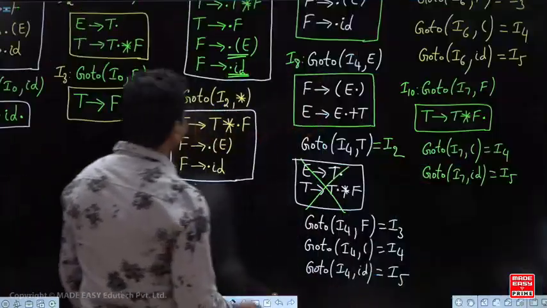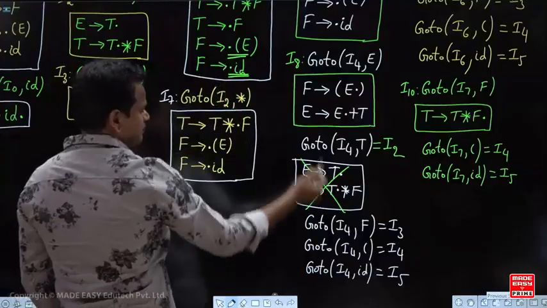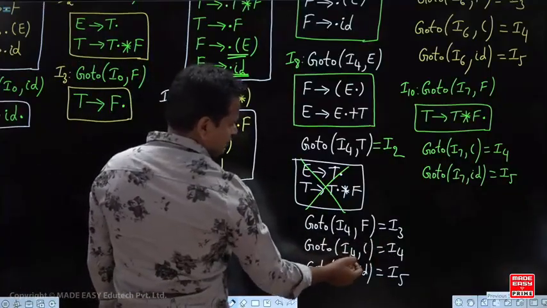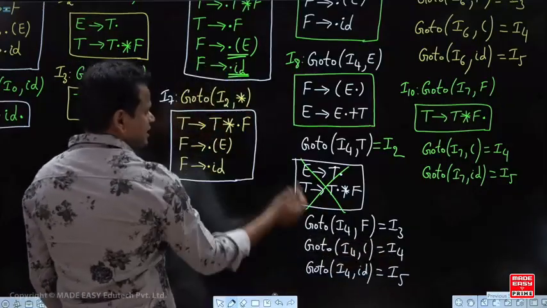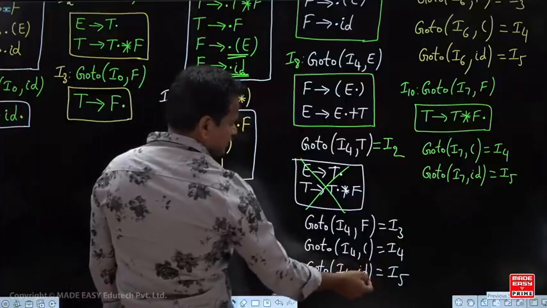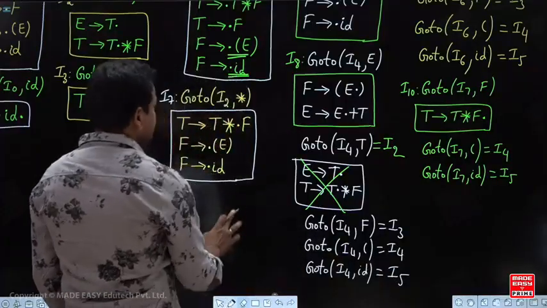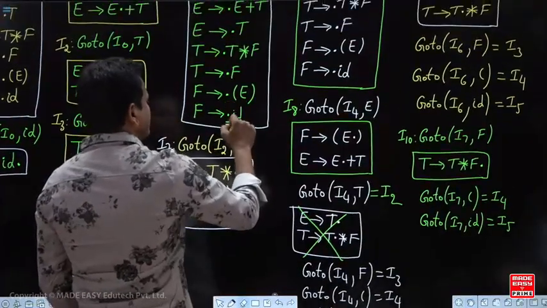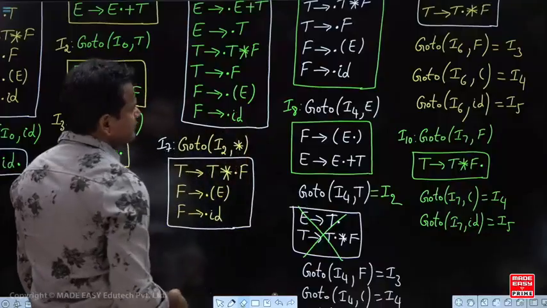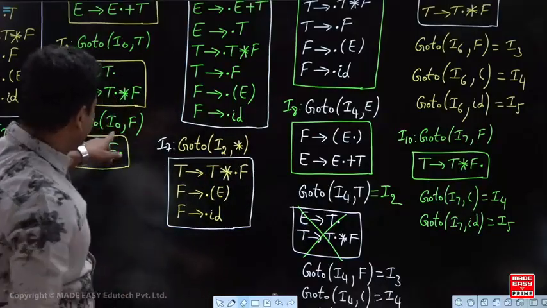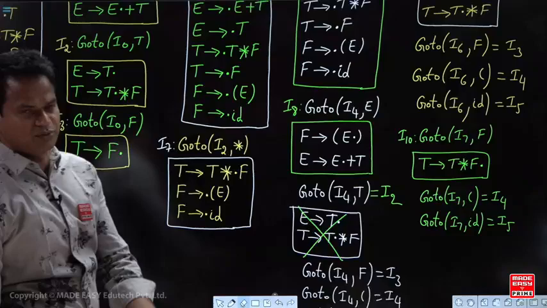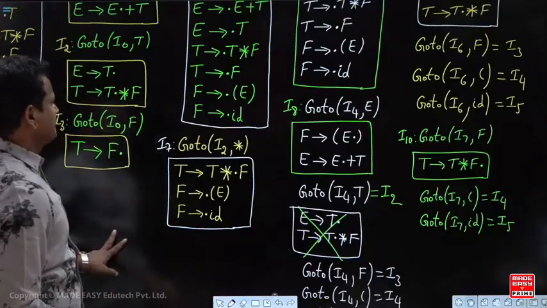For terminals we write the shift, for non-terminals we write only the numerical value. For a final item we write the reduce. Simple. So I4 is done.